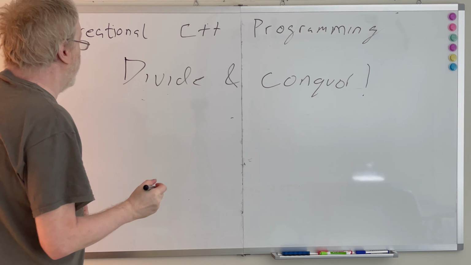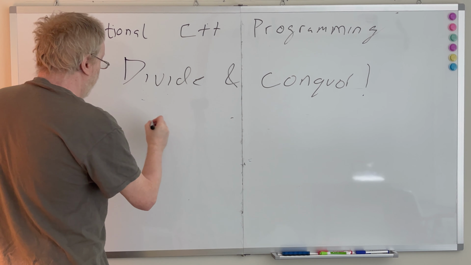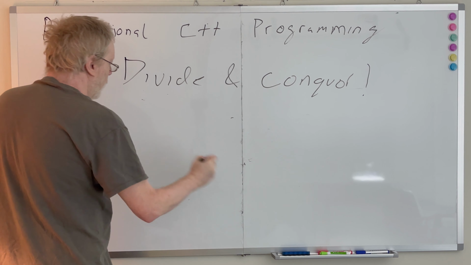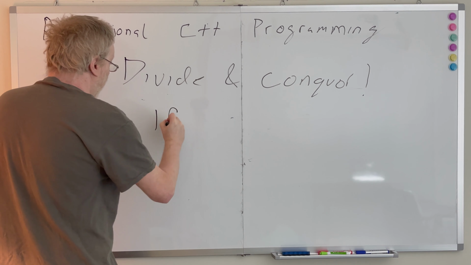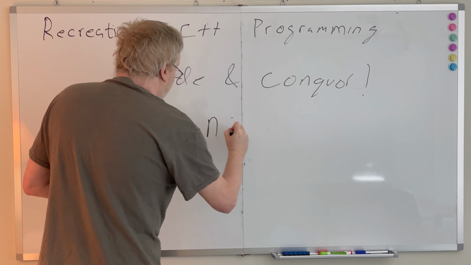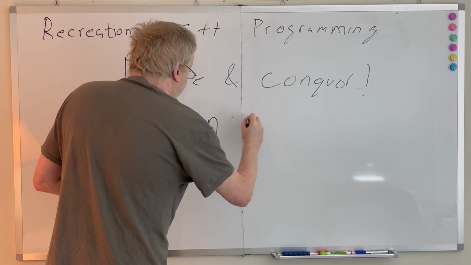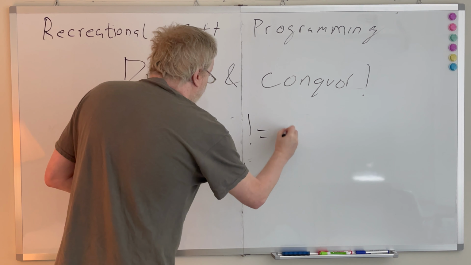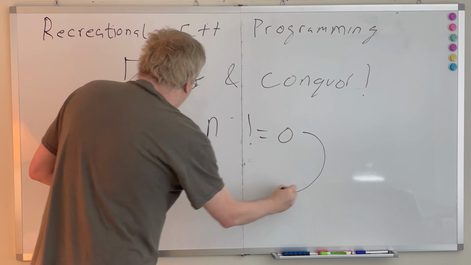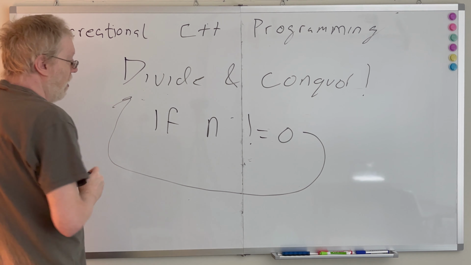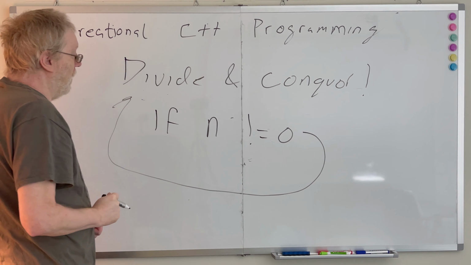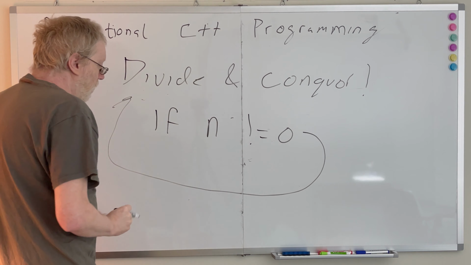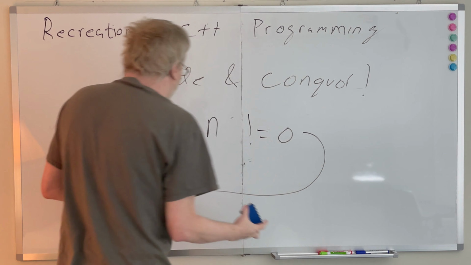And then what I do is, if n is not equal to 1, I repeat the process. I also do the same thing with the exponents recursively.